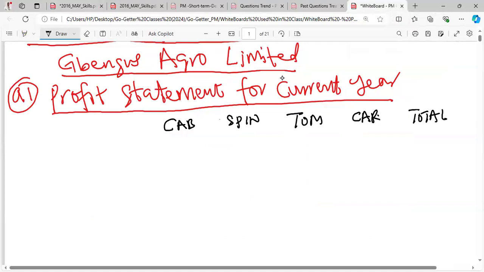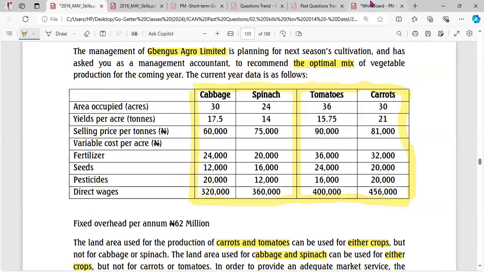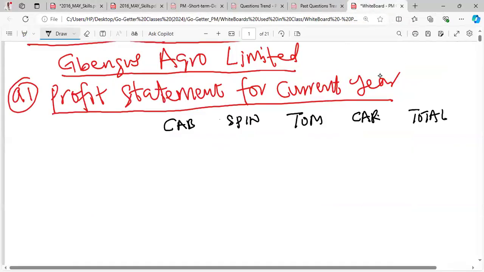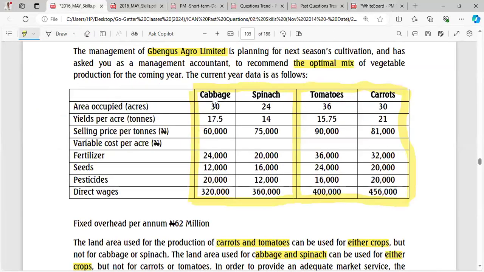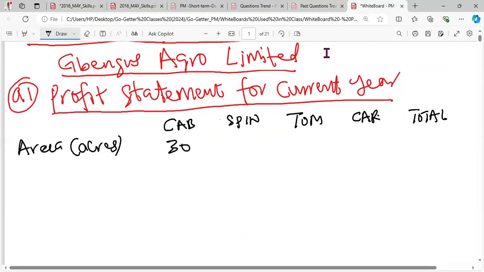Let me start with acres, area occupied. Area in acres. This should be 30, 24, 36, and 30.